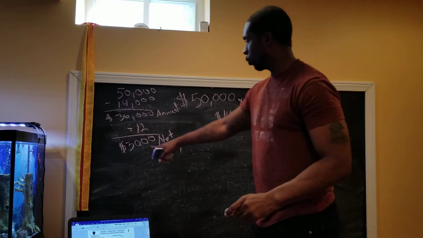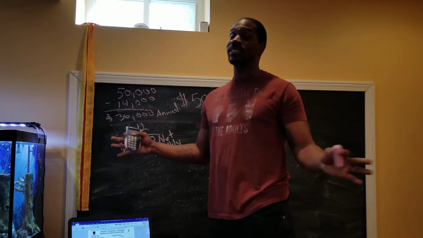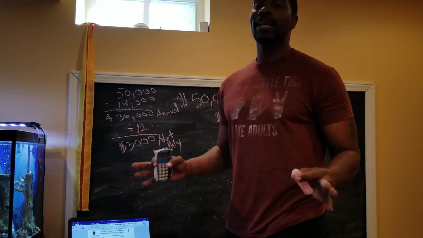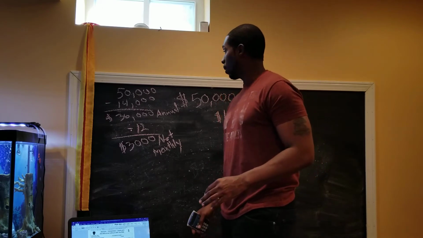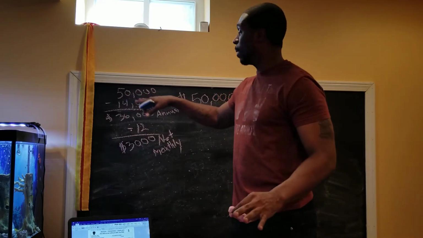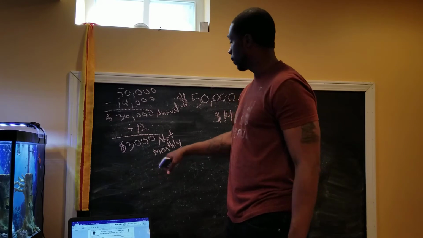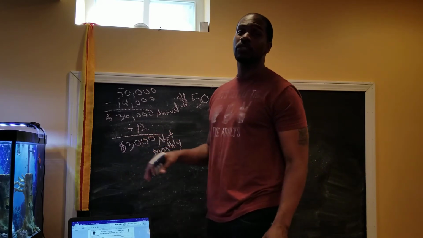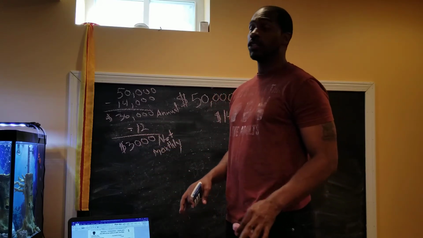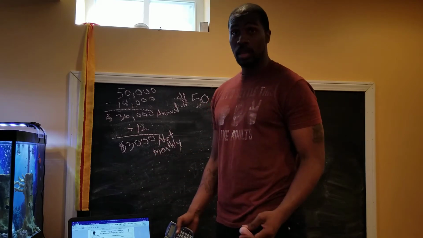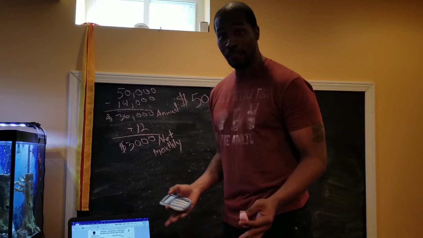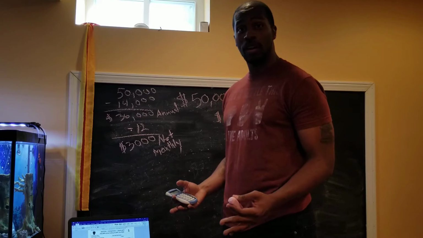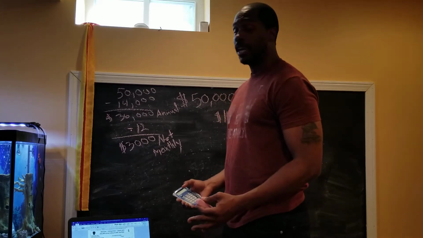All right, so $3,000 net monthly. So what does that mean? That means after I pay all of my taxes, my salary is $50,000. I pay my taxes to Uncle Sam, and I take home $3,000 a month to use to pay my expenses, to have a little fun after. Hopefully there's money left over after I pay my expenses and things of that nature.